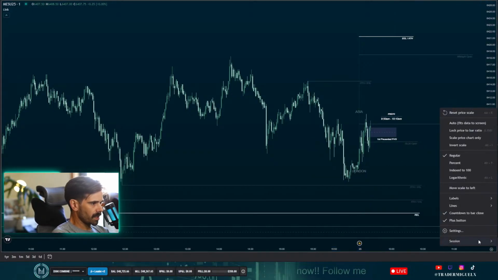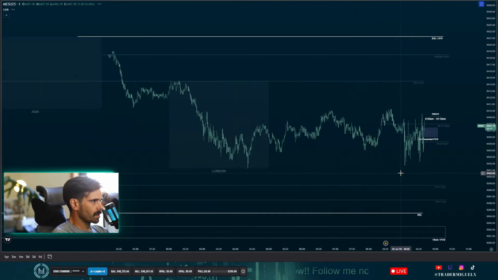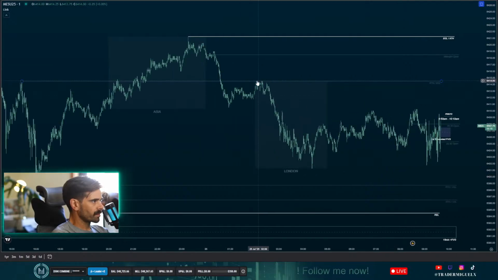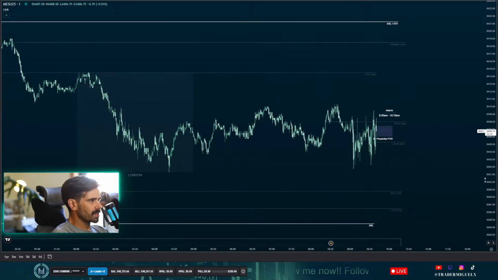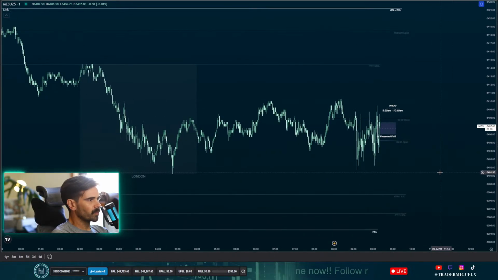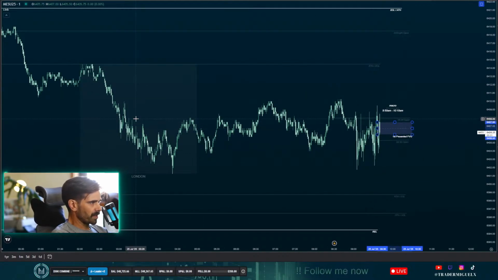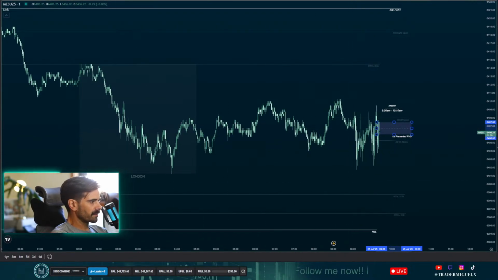So once again, yeah, this would be those London highs here as the next point of liquidity is buy side liquidity. But so far, price is just mumbling around, still consolidating.